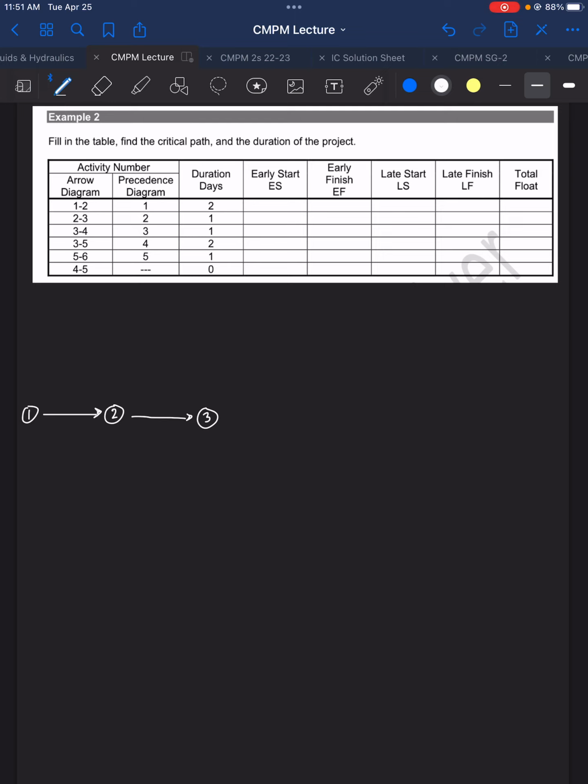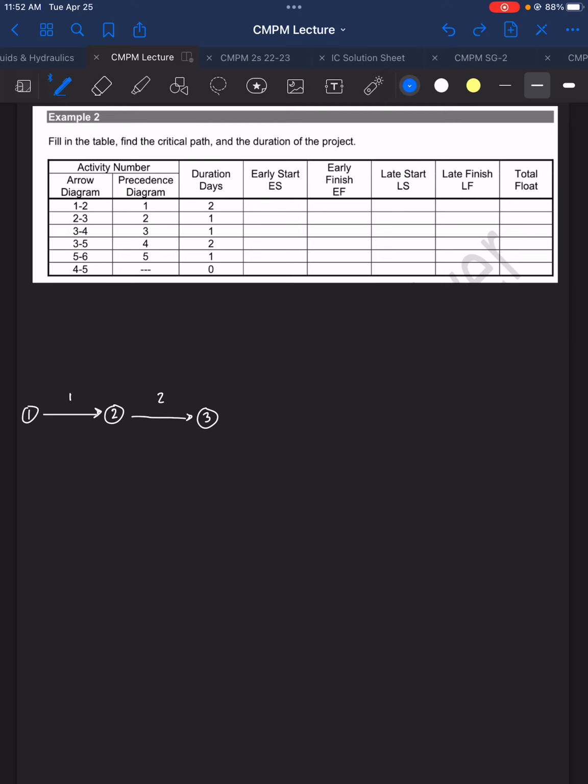Let's name this activity 1, and then we have here activity 2. And you see here, we have 3 nodes.